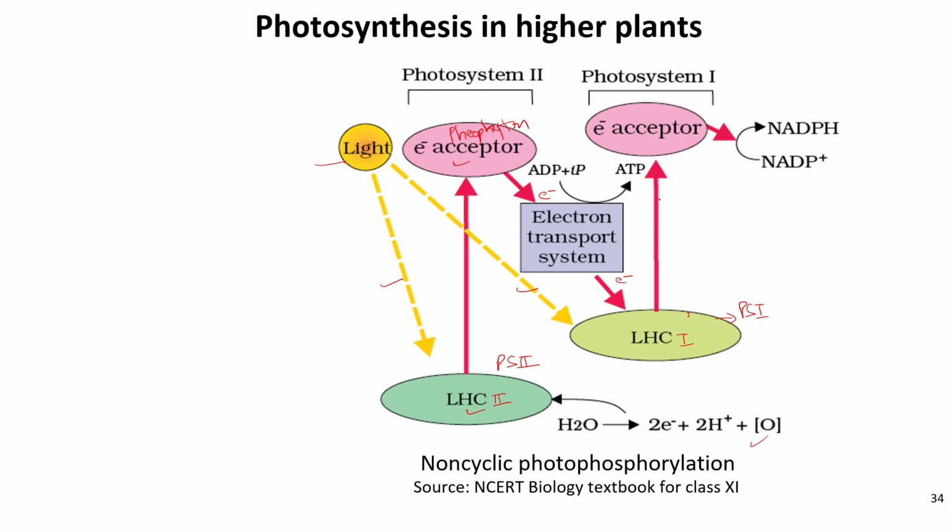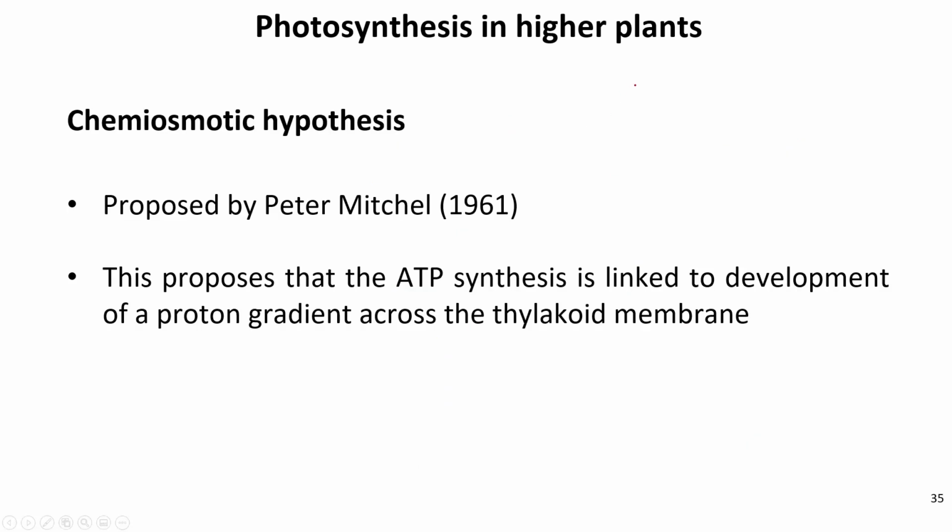The electron gap in photosystem 1 is filled by the electrons from photosystem 2, and the gap in photosystem 2 is filled by the electrons produced by the photolysis of water. Here you can see both ATP and NADPH are produced. The electrons never go back to the reaction center but are accepted by NADP plus, which gets converted into NADPH.